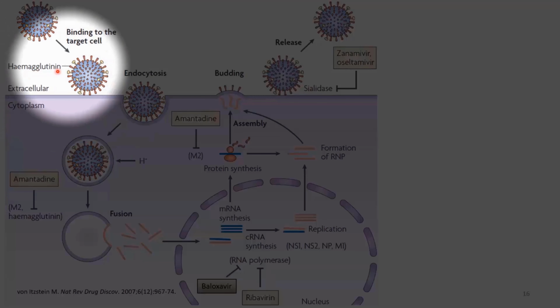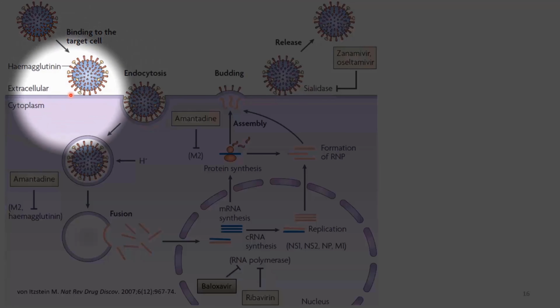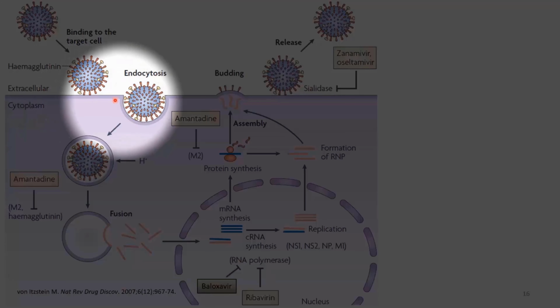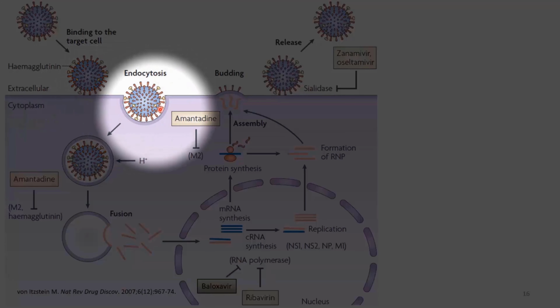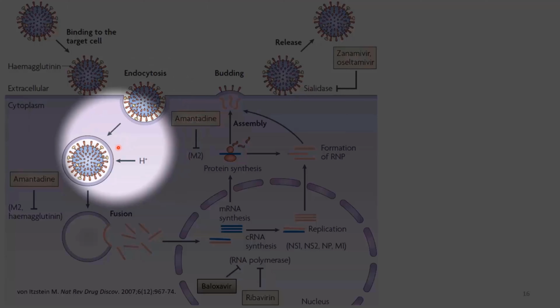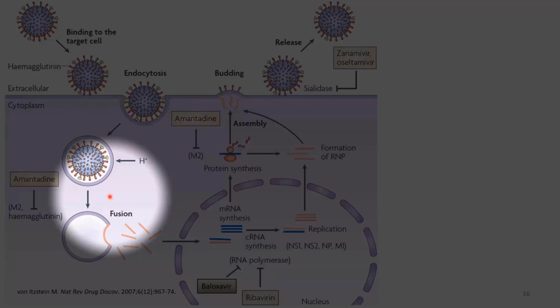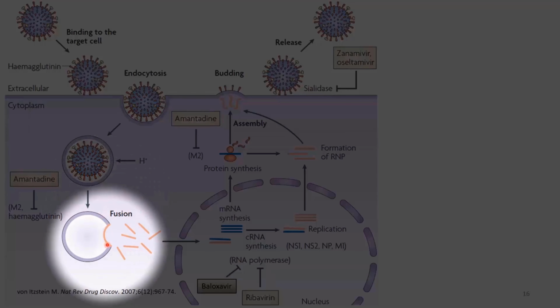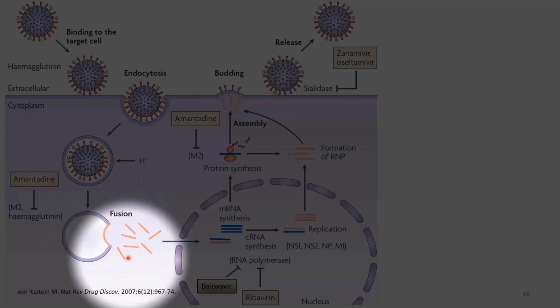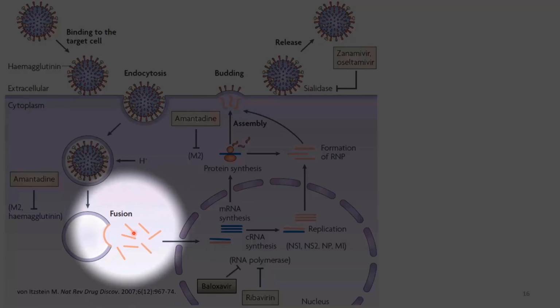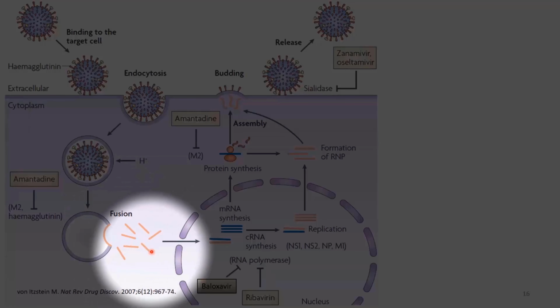So hemagglutinin on the envelope of the virus will bind to those sialic acid containing receptors. Once bound to the host cell, the virus will enter the cell through endocytosis, and as the pH drops inside the cell, the RNA material will be released into the cell, as shown in these orange bars.